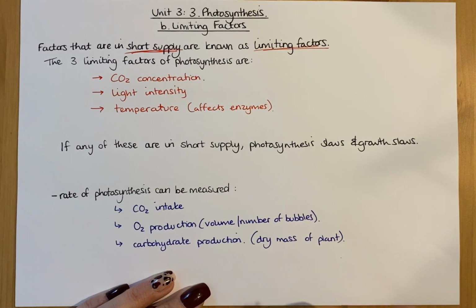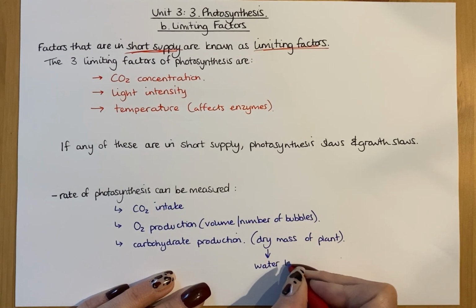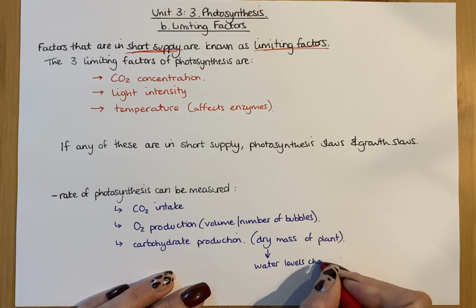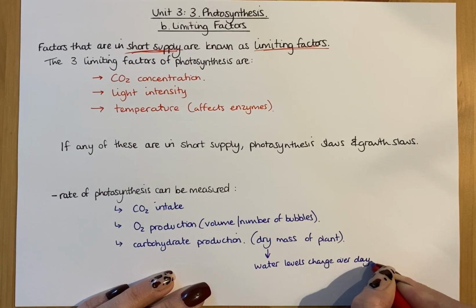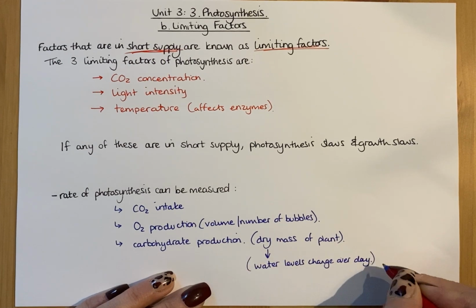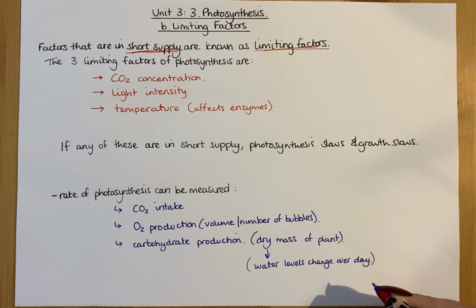Now the reason why it's dry mass is because water levels in a plant will change over the day. So if you decide that you're going to use wet mass, without drying that plant, then that water level will change across the day, which is not really useful for us. We can't determine whether we're measuring water or the actual mass of that plant.